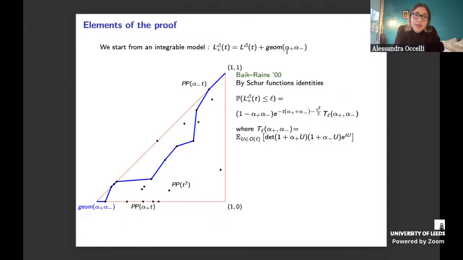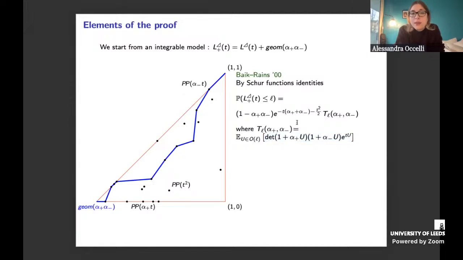as an expectation, in terms of moments of the trace of a random element in a specific compact Lie group. Since we're considering a symmetrized model, it would be the moments of the trace of a random element in the orthogonal group. This can be reformulated as an expectation over the orthogonal group of this determinant.